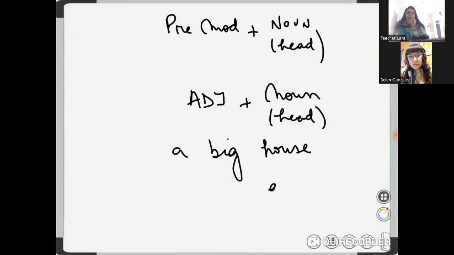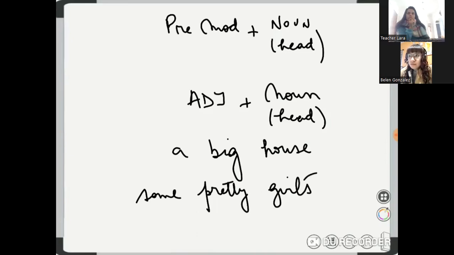If the noun we are speaking about, yes, is girls, we are speaking about girls who are pretty, so we speak about pretty girls. For example, some pretty girls with a quantifier. Now, another important thing to remember is that girls is plural because it's a noun, but adjectives do not have plural forms in English. So, pretty is one pretty girl, two pretty girls. The plural is only in the noun. Another difference with Spanish.